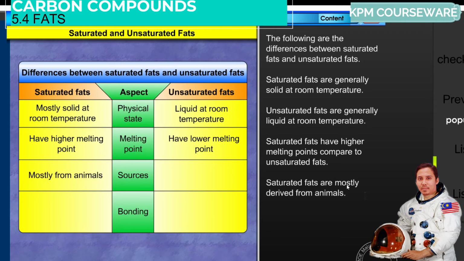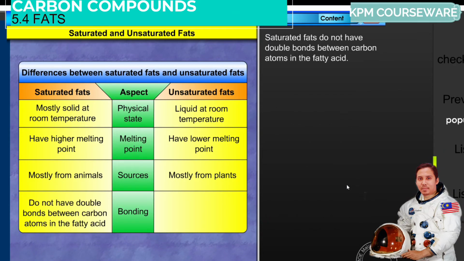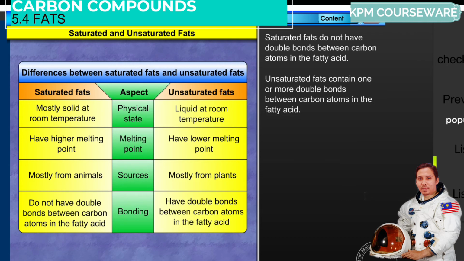Saturated fats are mostly derived from animals. Unsaturated fats are mostly derived from plants. Saturated fats do not have double bonds between carbon atoms in the fatty acid. Unsaturated fats contain 1 or more double bonds between carbon atoms in the fatty acid.